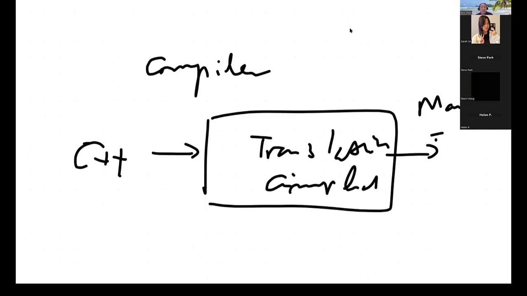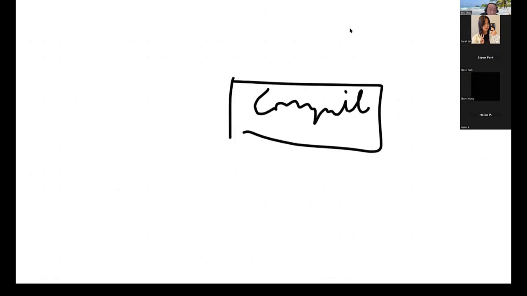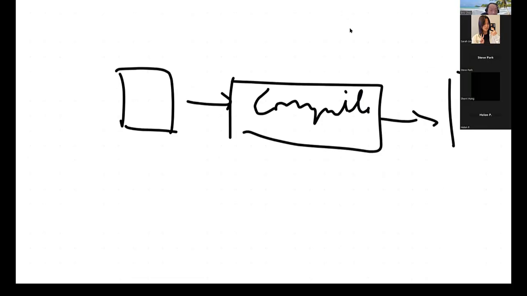You want to translate from one language to another language. So basically, language translation: you have a compiler, and you do whole file compilation to a whole file. This is .cpp, this is .exe, right?